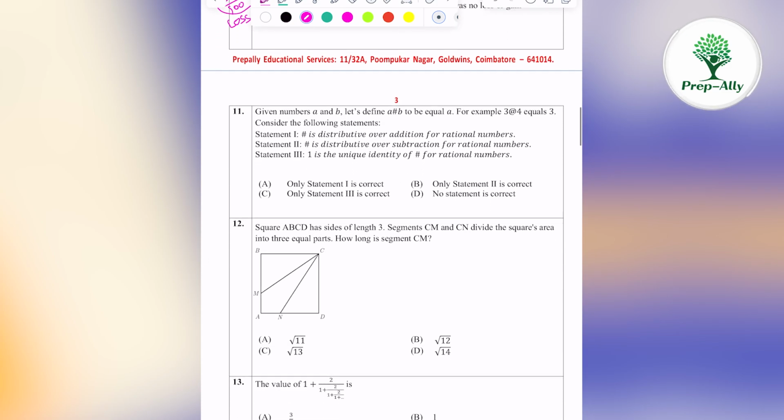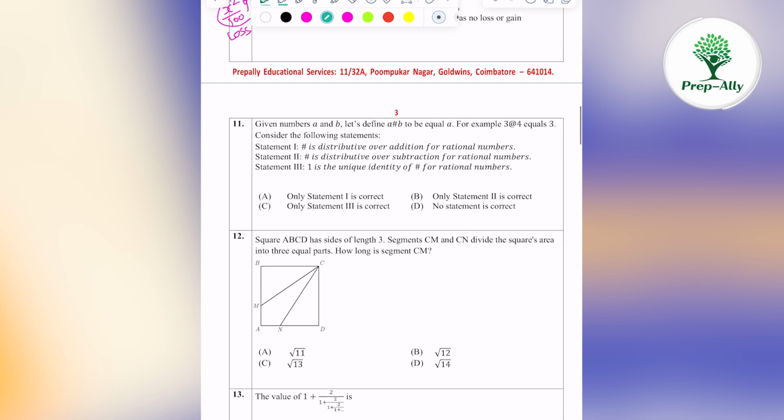Now the next question, question number 11. A hashtag B is defined as equal to A. Here we have to check whether the statement is true or not.